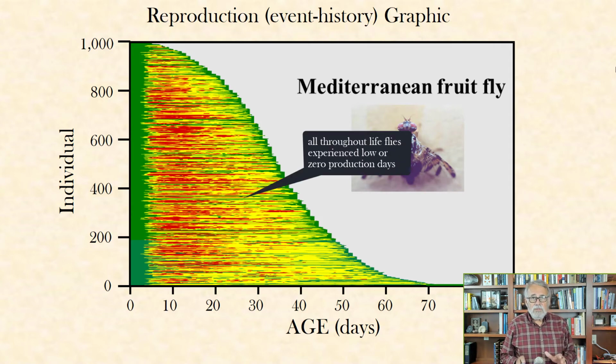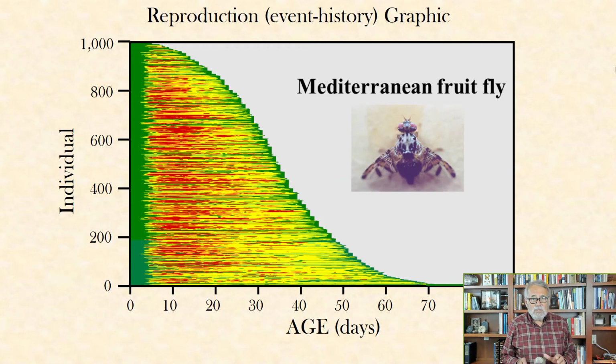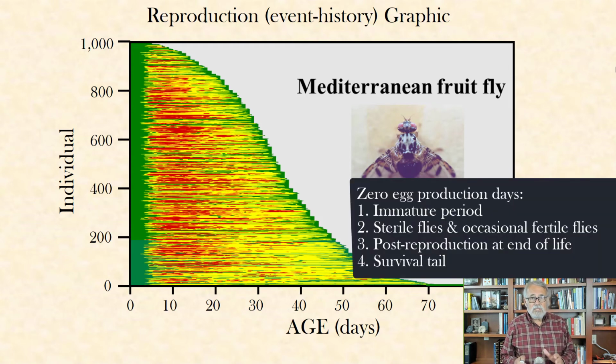Fifth, of the 35,600 fly days in the cohort, a total of around 14,500 or 40% were days in which no eggs were laid. These zero production days can be classified into several types. The immature periods experienced by all flies prior to laying their first eggs.